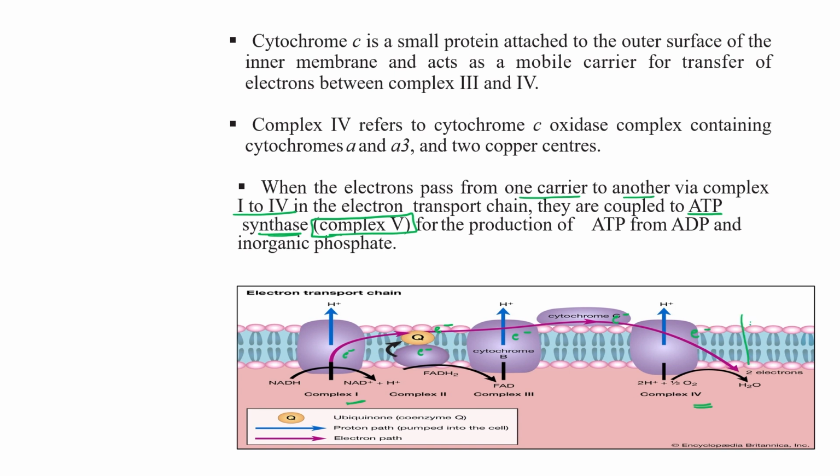Here there is a fifth molecule which is known as the F0F1 particle, known as complex 5, and here the ATP synthase enzyme is present. Here ADP plus inorganic phosphate is present, and in the presence of this ATP synthase, it is mainly responsible for the production of ATP. How does this happen? Let's see.